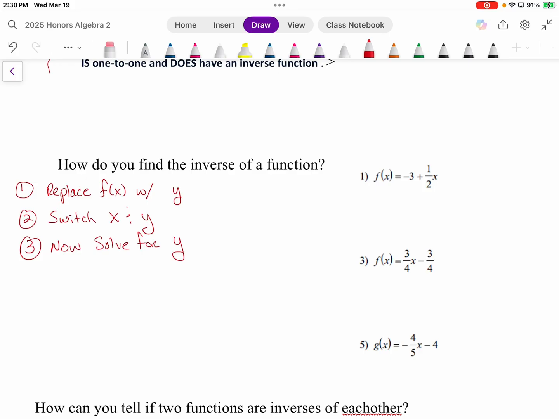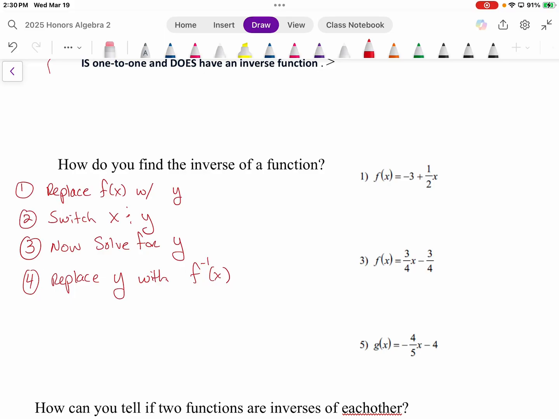Which means I'm doing a whole bunch of inverse operations depending on how crazy my problem is. And then step number 4, replace y with f to the negative 1 of x. F to the negative 1 of x stands for the inverse function.